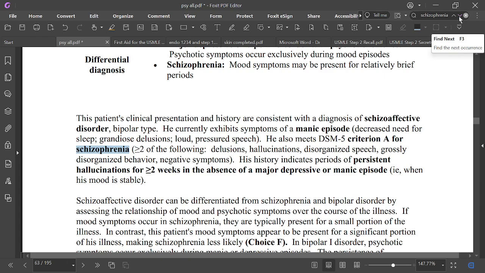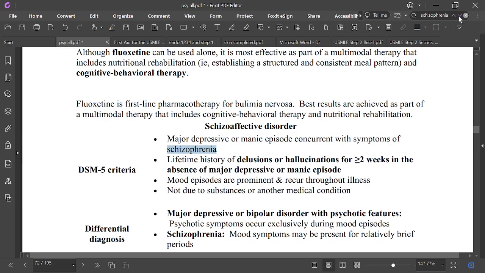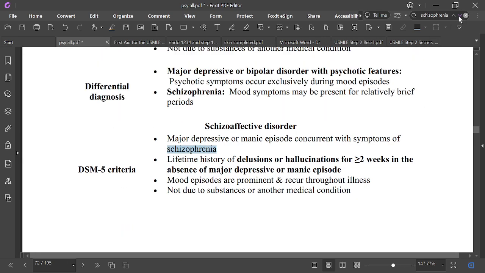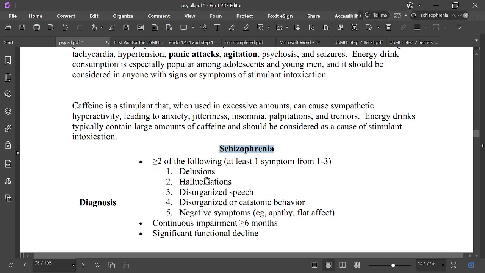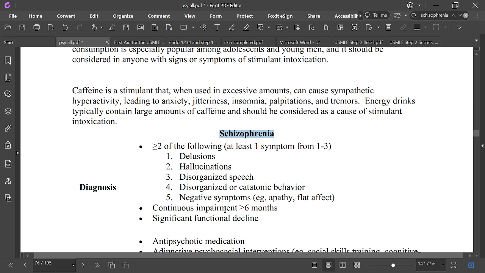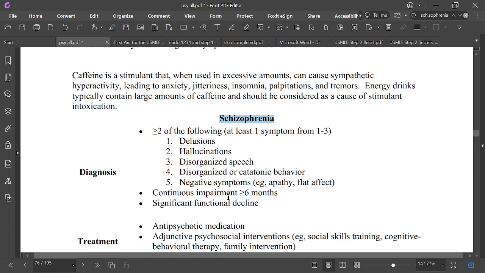Before jumping into schizoaffective disorder, I would like to discuss schizophrenia. Two or more of the following: delusion, hallucination, and disorganized speech. From these three, one symptom must be present, and from the last two, disorganized behavior and negative symptoms like apathy, flat affect.